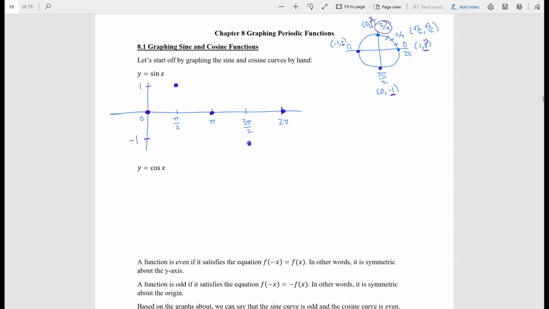Basically, this can keep going because I can keep going back to the coterminal angle of pi over 2. And the coterminal angle of pi over 2 would be 5 pi over 2. So if I continue, you can see that this whole cycle is going to continue on. If I were to choose more points and continue this, it's just going to keep repeating itself. And same thing on the negative side.